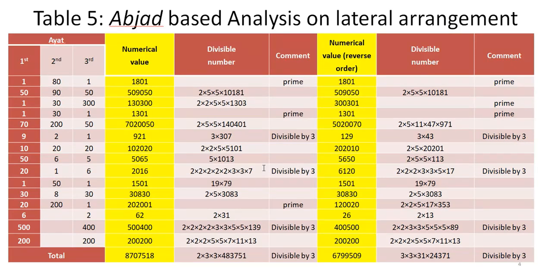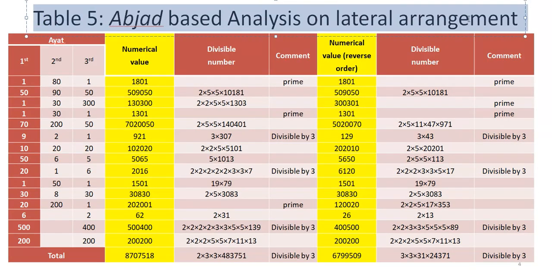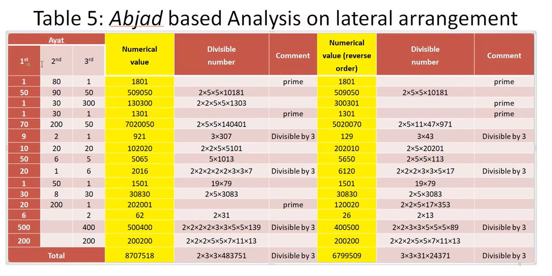Let's go to the next slide. Here in table number 5, the abjad based analysis on lateral arrangement is made. Let me explain it first. Here all the ayats, 3 ayats in the Surah Al Kawthar, are put here.